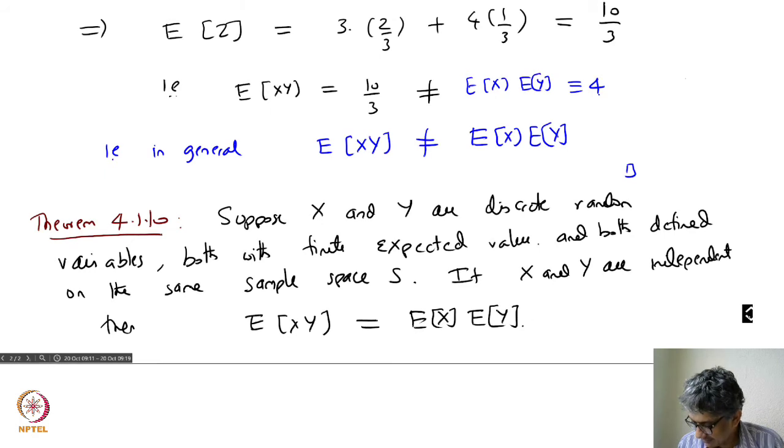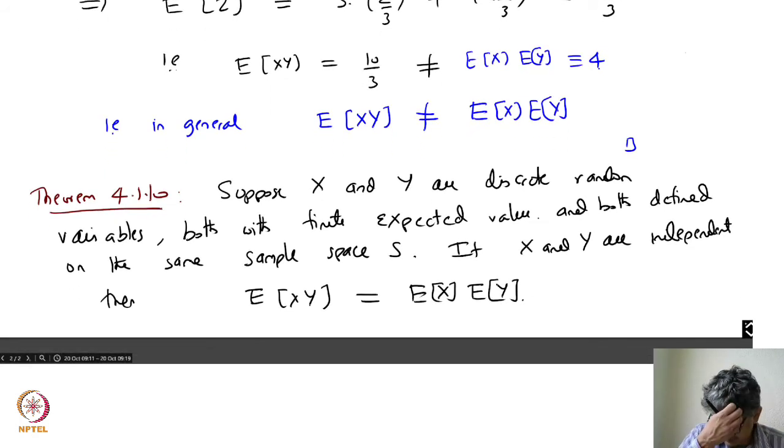The expectation moves across the product only if the random variables are independent. This equality can also be true otherwise, but in general it's not true, like we have seen before.